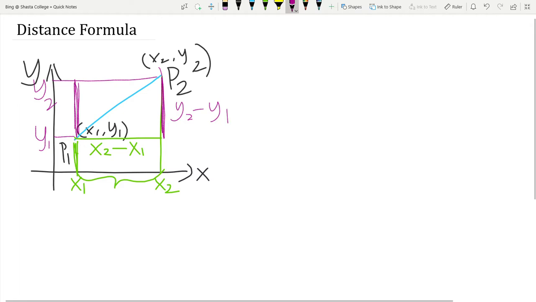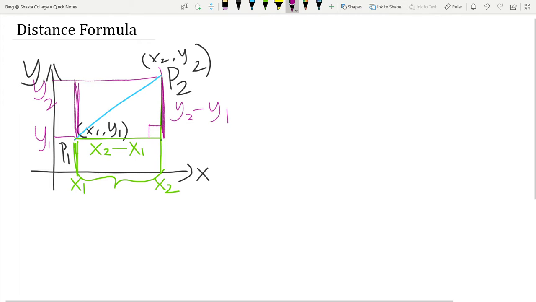Okay, so notice that this is a right triangle. And the distance between P1 and P2, that's what we're looking for. This is the hypotenuse of the right triangle. And y2 minus y1 is one leg, and x2 minus x1 is the other leg.